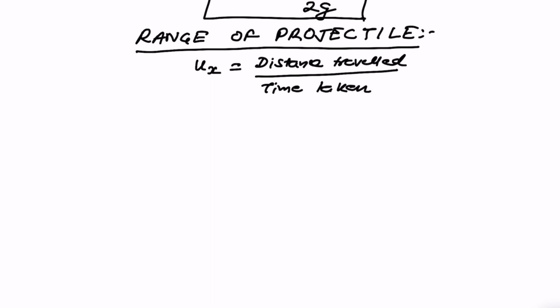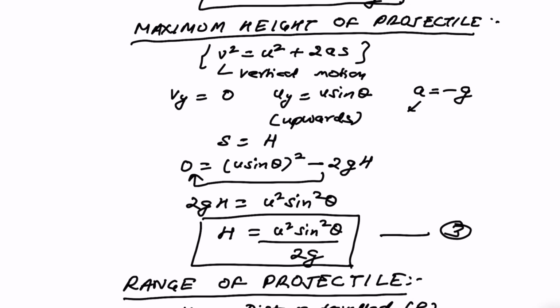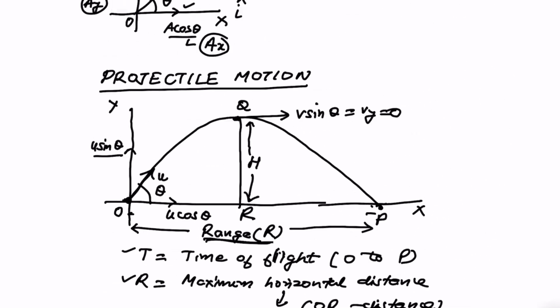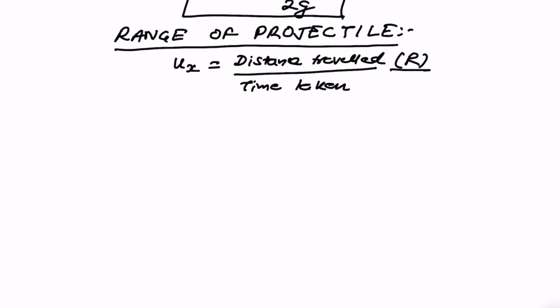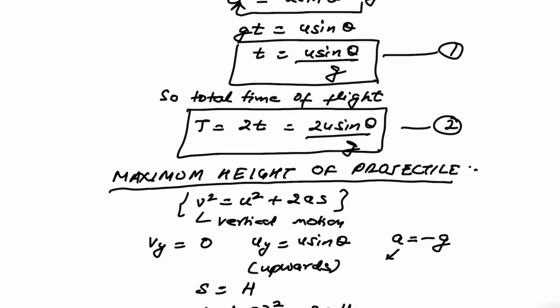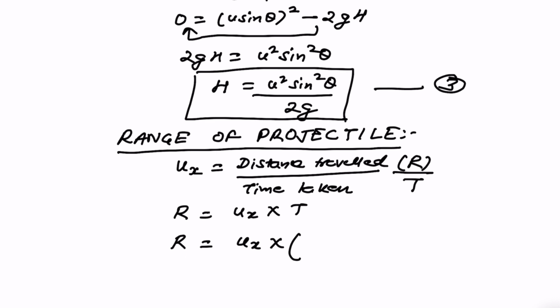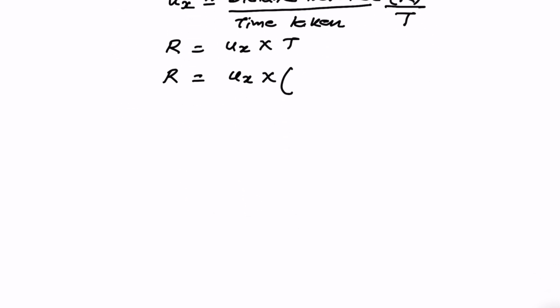Since in this case the horizontal distance is range and the total time taken by the body to go from the point O to the point P is the time of flight, that can be written as T. So the value of R will become ux into T. Now it is already known to us, the formula for time of flight, we have already derived it. Equation number 2, time of flight is 2u sine theta upon g.